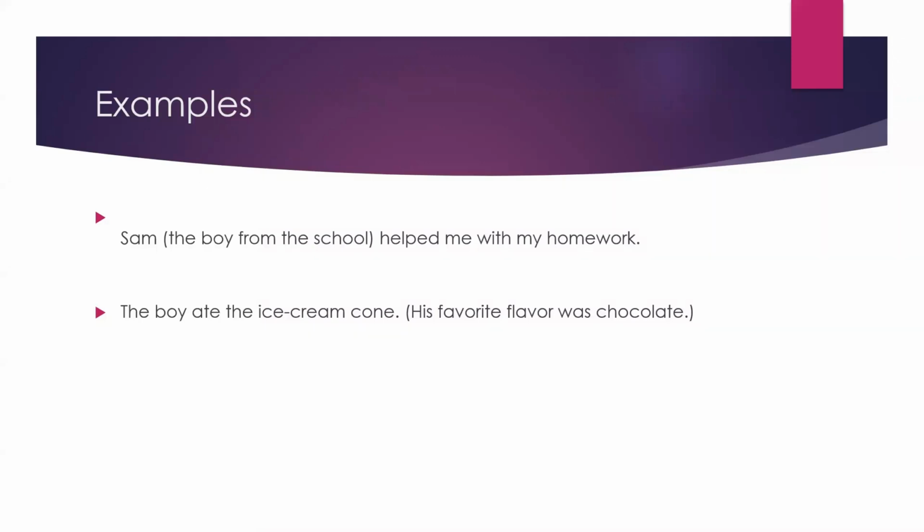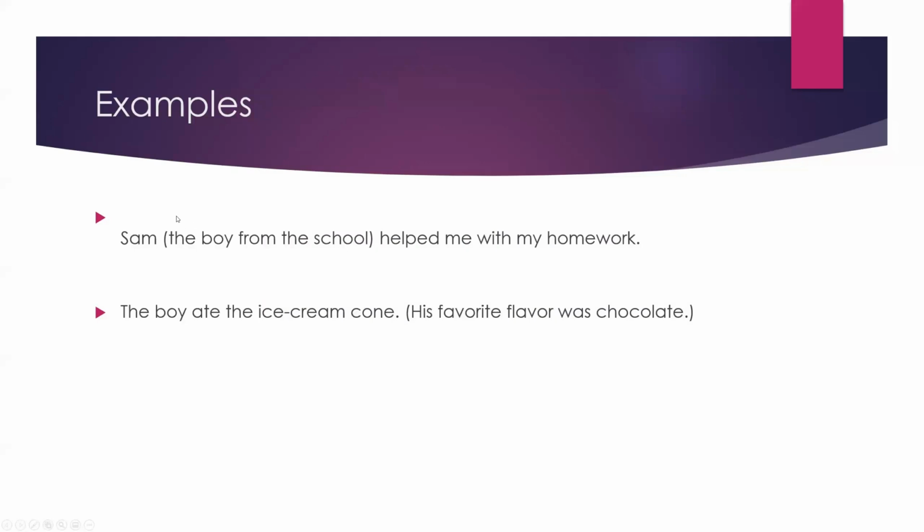Now notice the difference here: we have a full stop here and a full stop here. That is because both of those sentences, the one within the parentheses and the one outside the parentheses, are independent sentences. They are separate sentences. In this case, the period is there to indicate that.